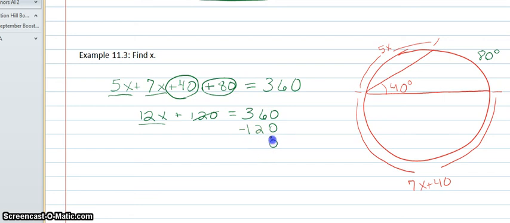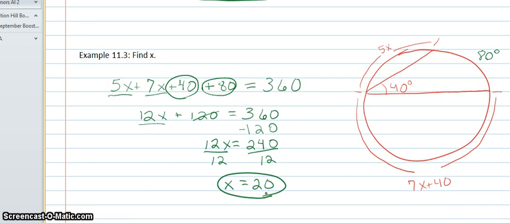Okay, so 0, 240 equals 12x, and then just divide both sides by 12. So x equals 20. And we found x.